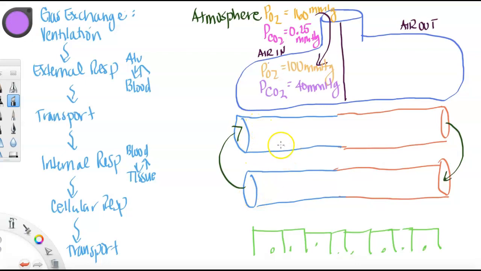The blood that's coming to the alveoli, those capillaries, is deoxygenated. The whole purpose is to do gas exchange here.